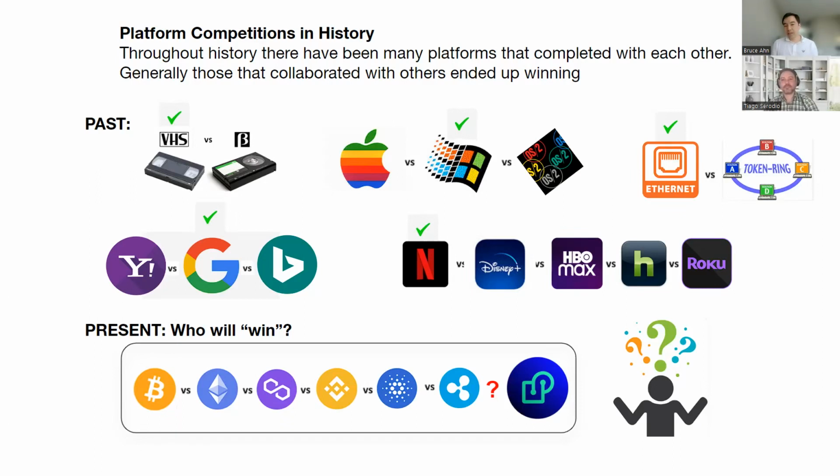And what you'll find is that in history, the platform that wanted to collaborate with others ended up being the winner. So let's take a look at the desktop wars between Macintosh and Windows and IBM OS/2. Apple was very interested in having their own ecosystem, from a hardware perspective as well. They wanted to self-contain everything.